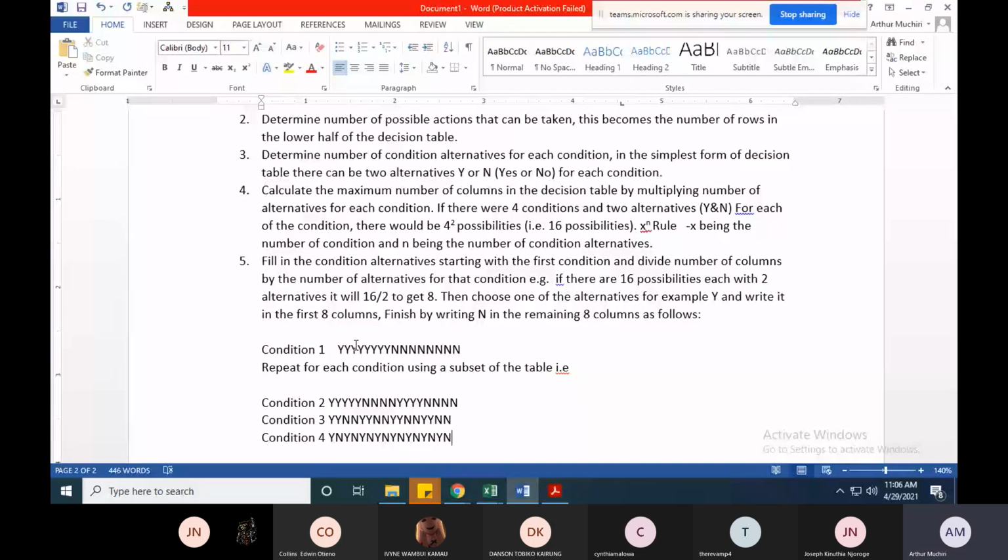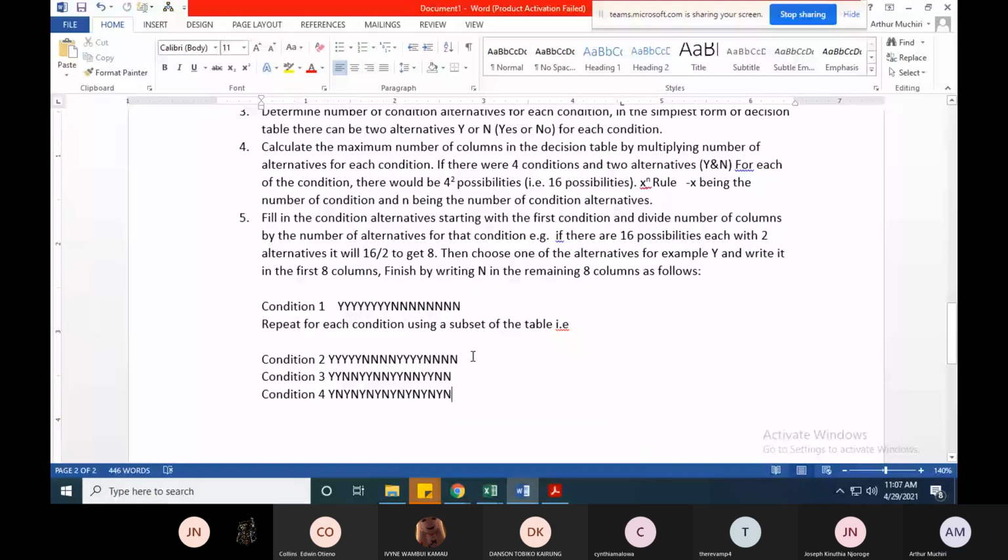Then for the second condition, you divide it again by 2, so instead of yes 8 times, you have yes 4 times and no 4 times, like that, until you get yes, no, yes, no. That's when you stop.